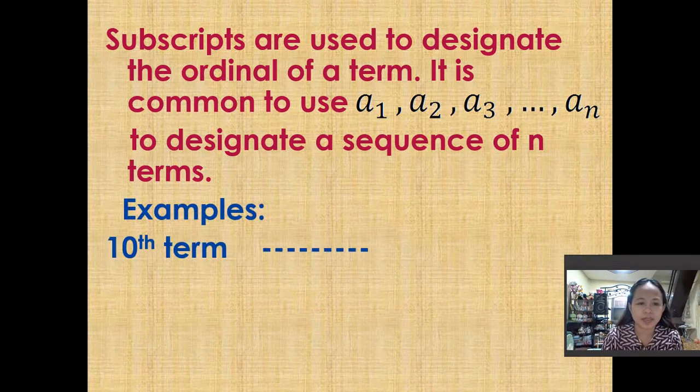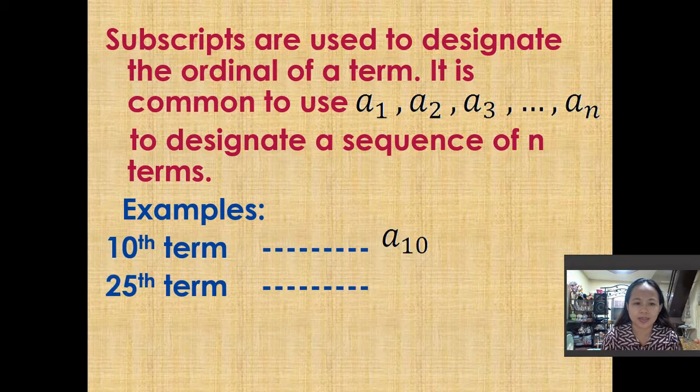Examples. If we are given the 10th term, we can denote this with a sub 10, read as the 10th term. If we have the 25th term, we can denote this as a sub 25, read as the 25th term.